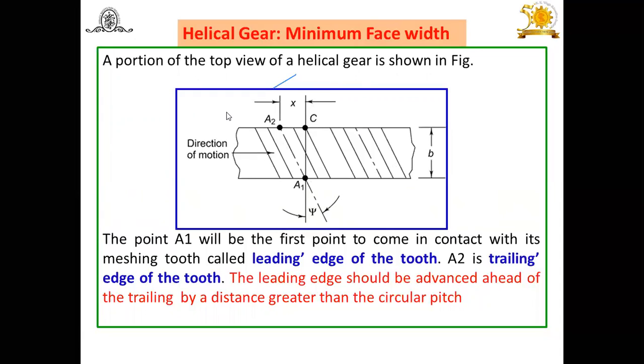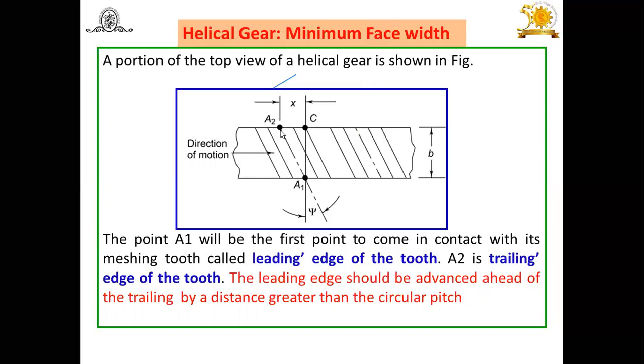For this rotation, look at point A1. It will be the first point coming in contact with the meshing gear, and point A2 is the last point to come in contact with the meshing tooth of the gear. A1 is the starting point, A2 is the last point.